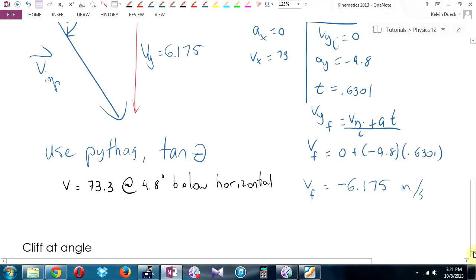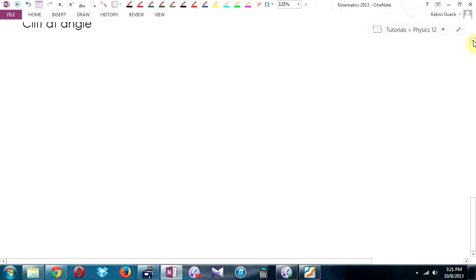Cliff at an angle. I may give this to you as a word problem or as a picture, but I'm just going to give it to you now as a picture. I'm going to say, hey, we got a cliff.